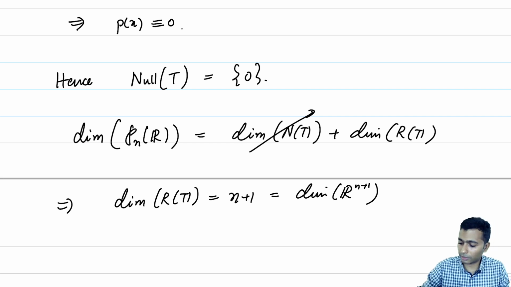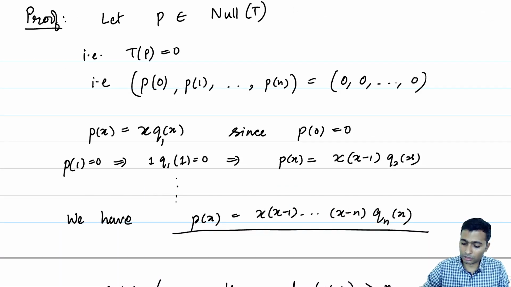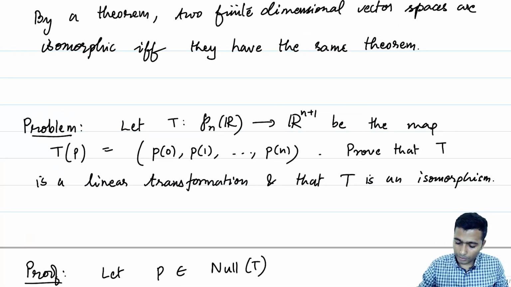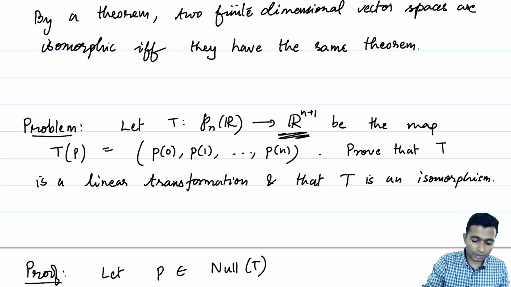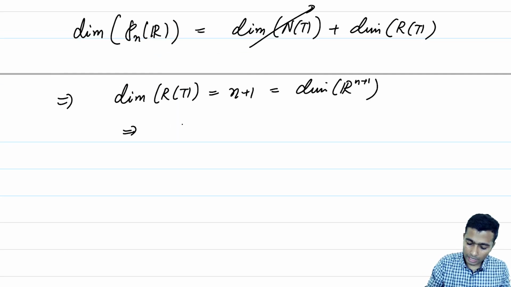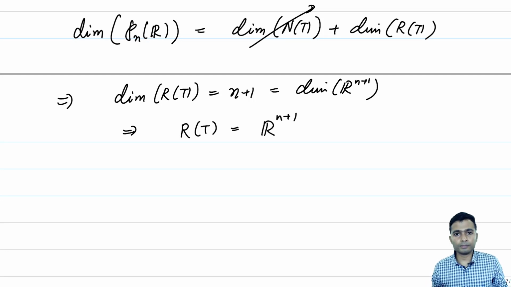So we don't need to explicitly check for surjectivity in this particular case, which might have been a complicated thing to do. The dimension theorem directly tells us that because our map is into Rn plus 1, our dimension is known to be n plus 1, and this implies that R of T is equal to Rn plus 1.